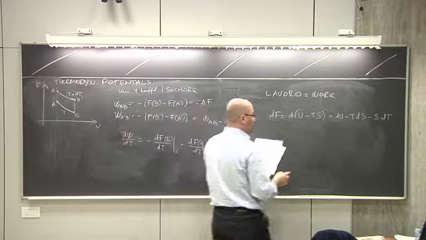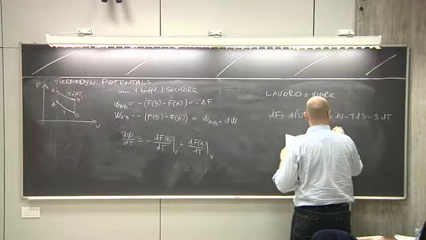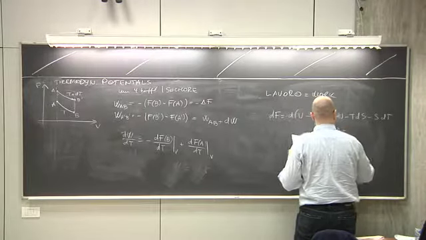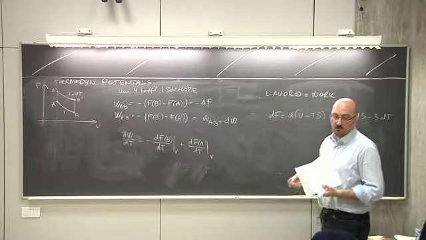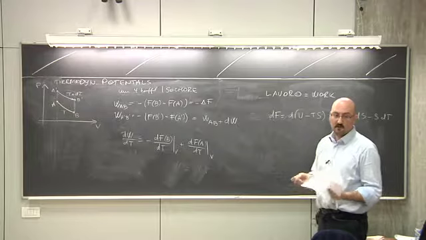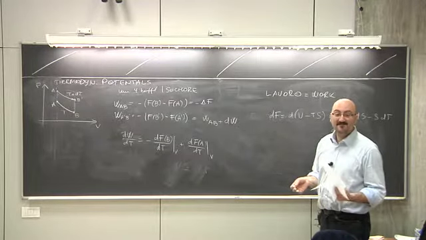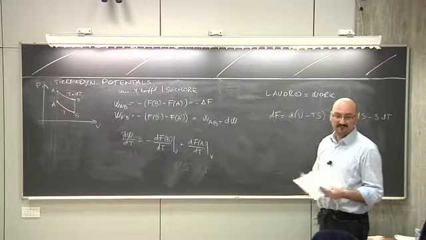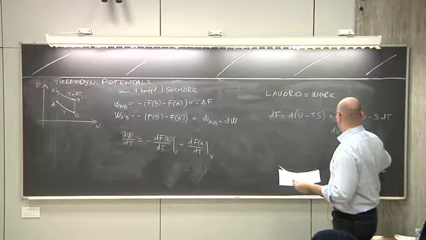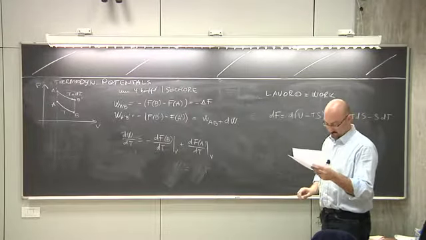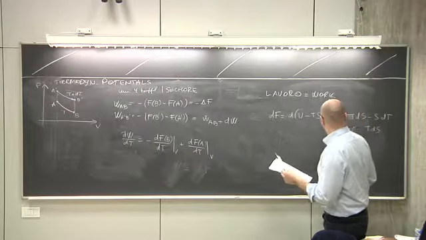And therefore, dU is equal to, if there is no volume change, there is no work. If there is no work, then dU is equal to dQ. Very good. Which is TdS.